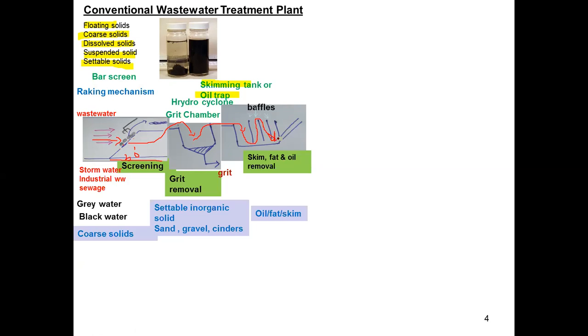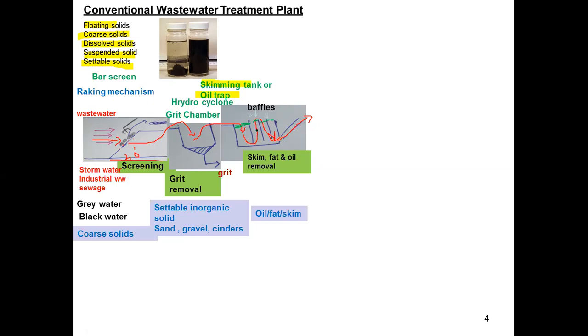Then what happened? The clear water will go to the next step from the bottom of the skimming tank, while greases, fats and oil are accumulated at the top, because the density of the oil is smaller than that of the liquid.